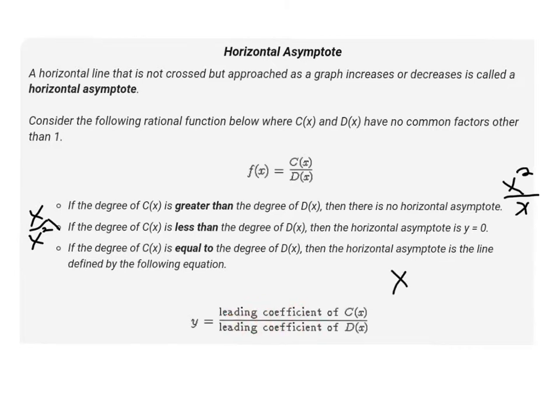So that would be like if you have x cubed over x cubed plus 2, and we'll put a leading coefficient of 2 in the bottom. The degrees are the same here, so you look at the leading coefficients here. So I'm going to have, you have that invisible 1. So my asymptote here would be y equals 1/2.